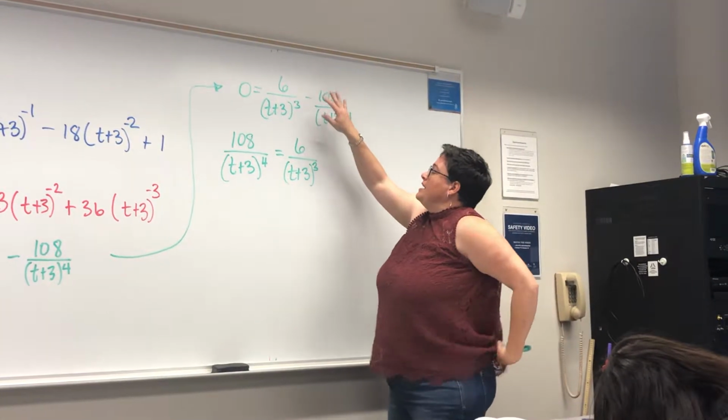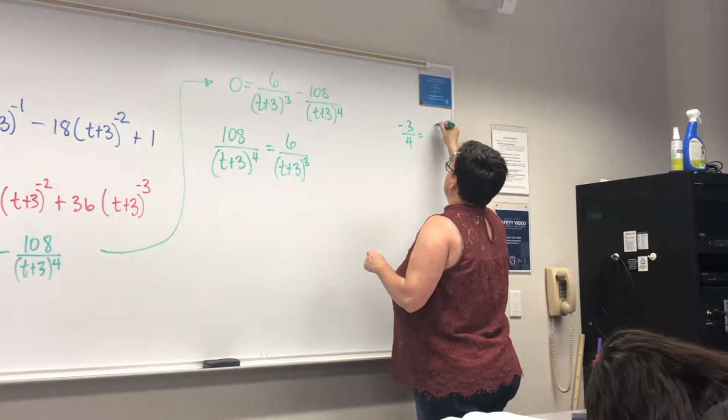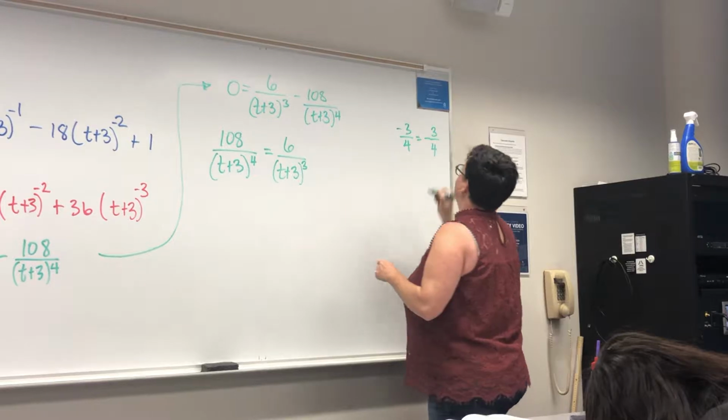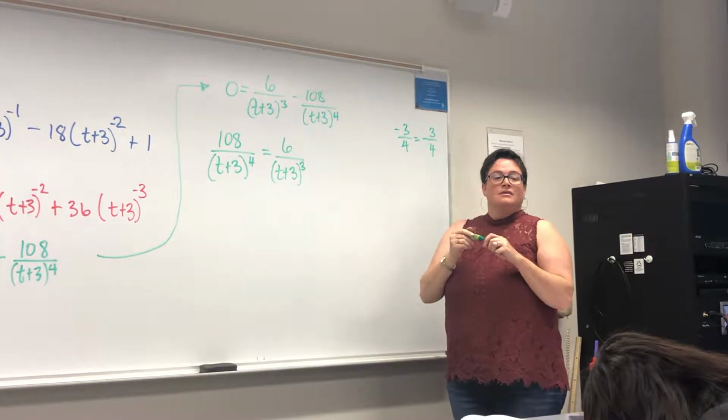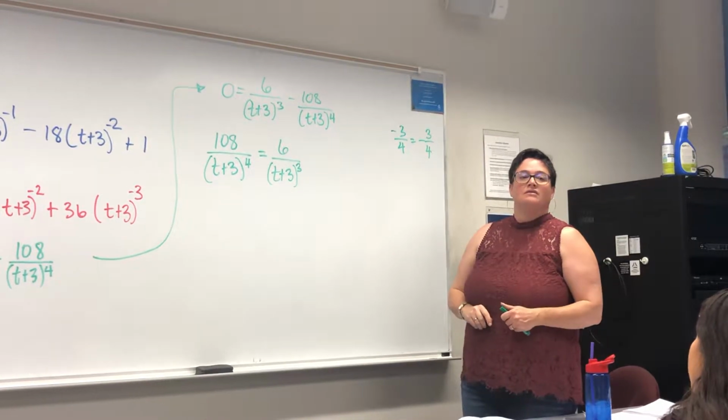It would be the whole thing, but that's like saying negative 3/4 is the same as 3/4 when it's negative. It's the same thing. So you just move everything over? Yeah, I just added it to both sides. I just shifted it over.